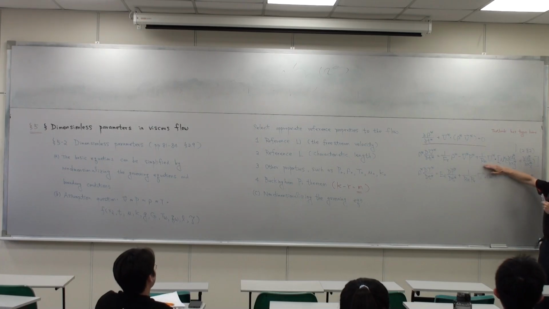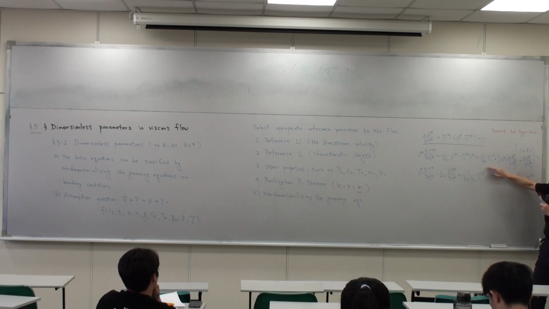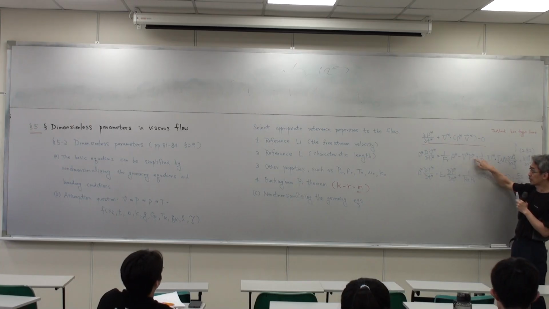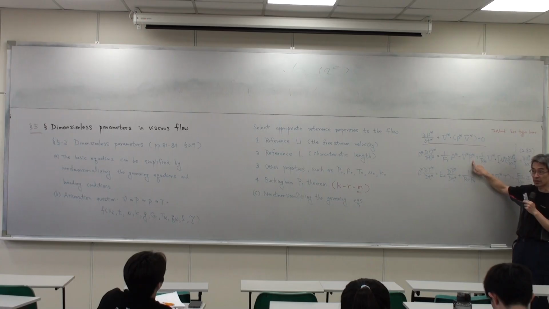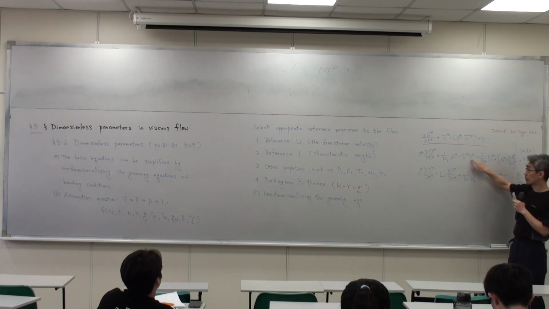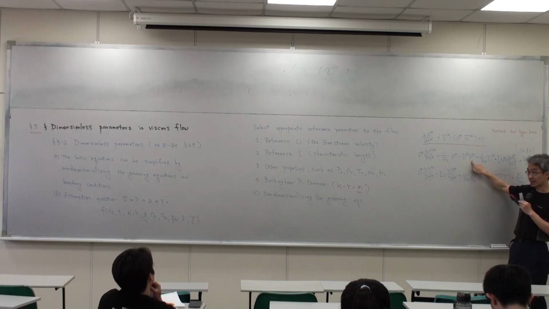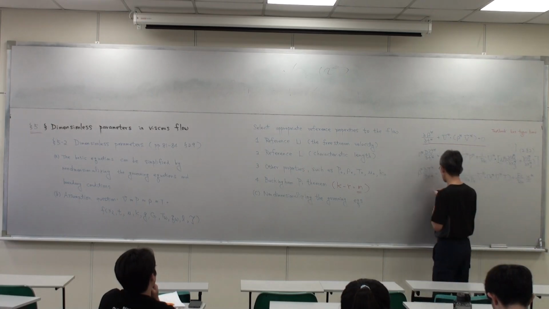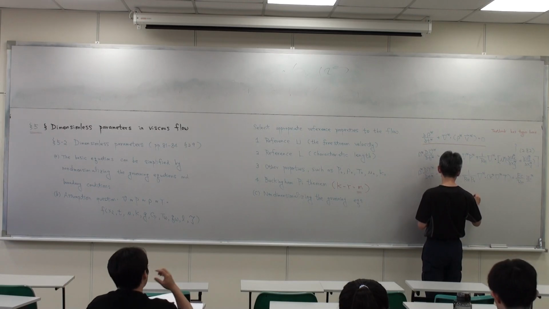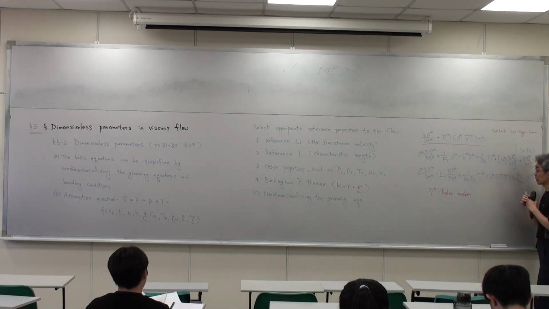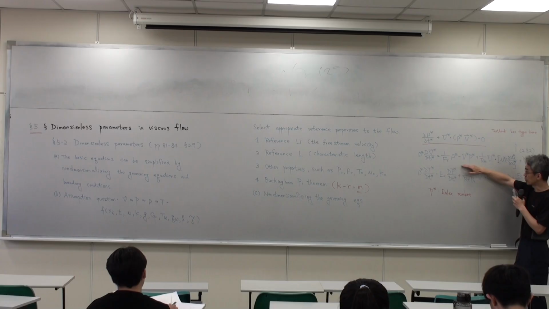Okay? So basically this is a viscosity term, right? And basically the P star, sometimes we refer to it as the Euler number, because the pressure can be non-dimensionalized. In the momentum equation, you can see this is the pressure term.